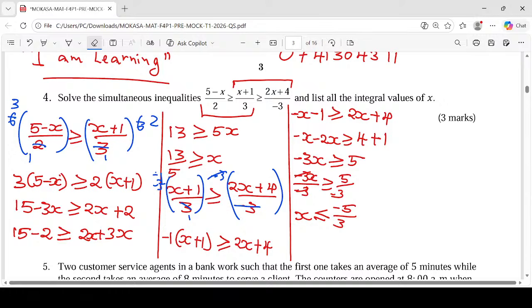let me see this particular point. I had negative x minus 2x being greater than that. There's something I want to see.